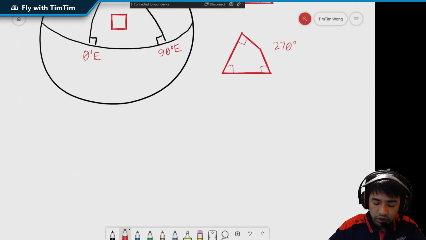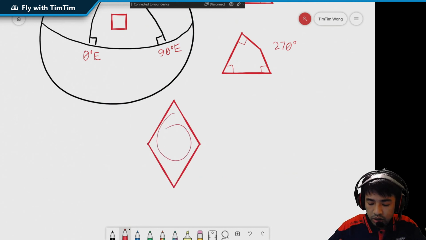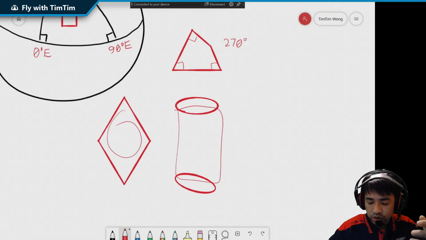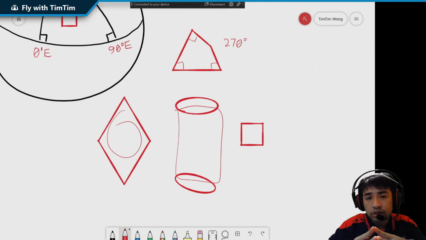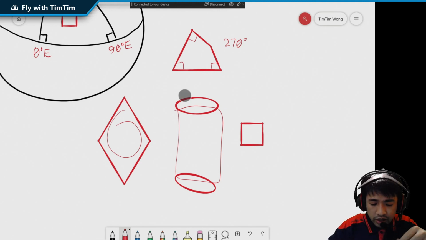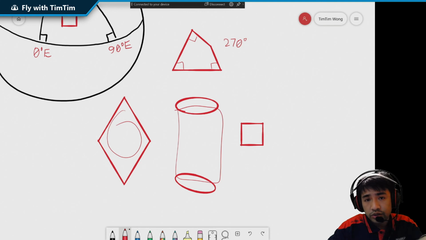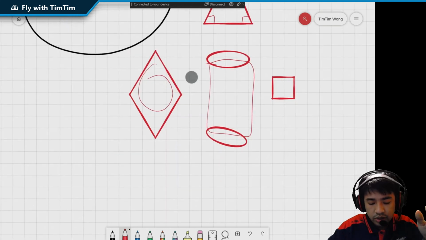So some conic projection, some cylindrical projection, different kinds of projection or plane projection. So the angles are not uniform, not linear.